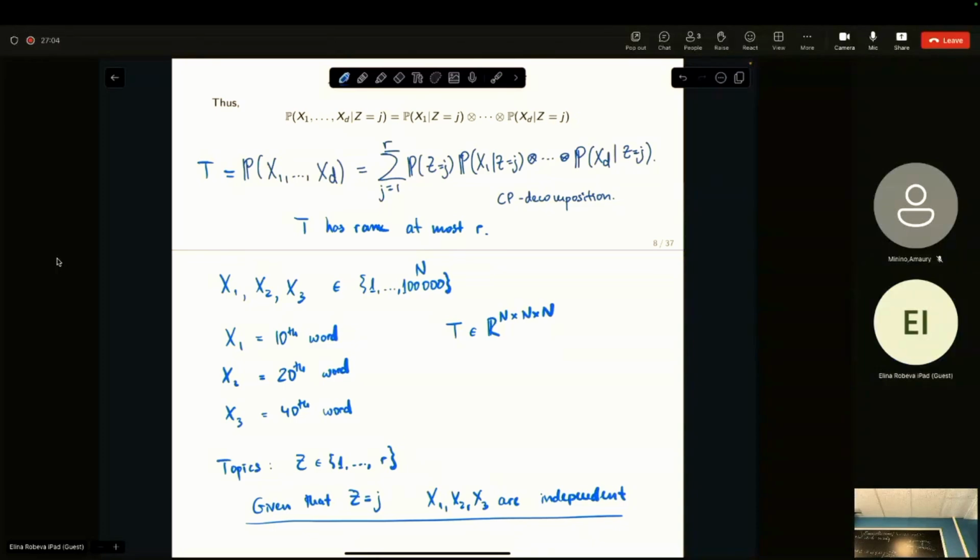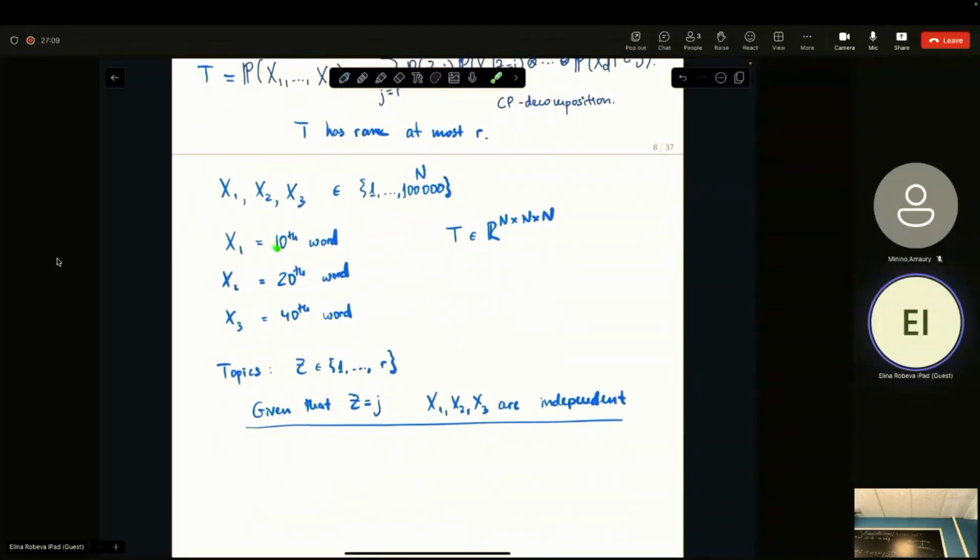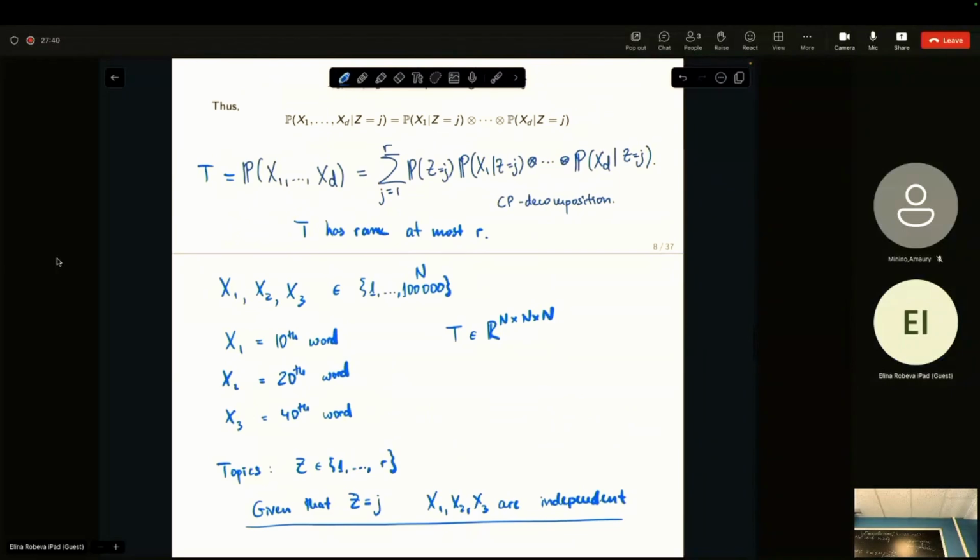They would be words from the document, and I want them to be far away from each other, and then they have some distribution. If you choose politics, then the distribution will include more political terms. And if you choose sports, then it will have sports terms. But if the words are far enough apart, then I think it's reasonable to assume that they're independent. And so their joint distribution tensor conditional on z equals j has rank 1, just like this.